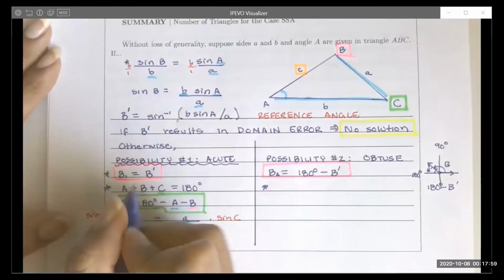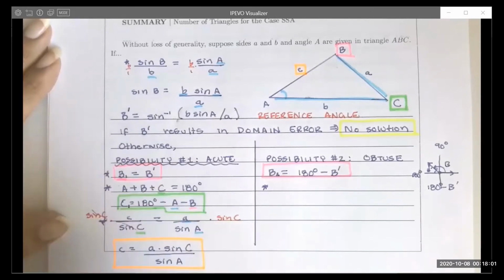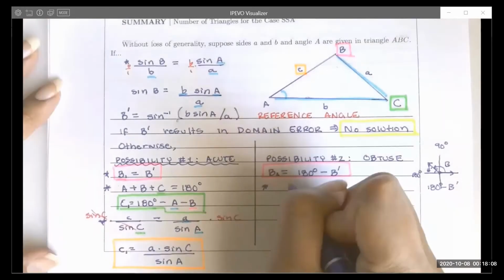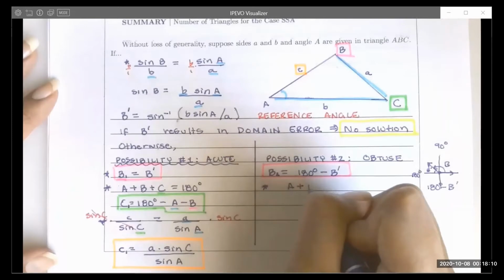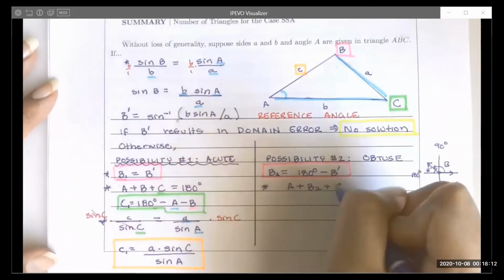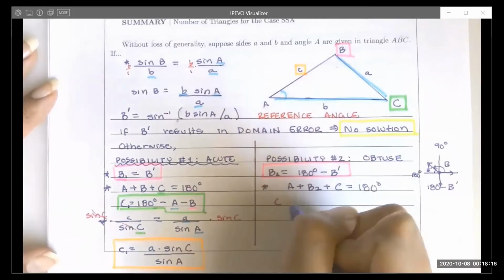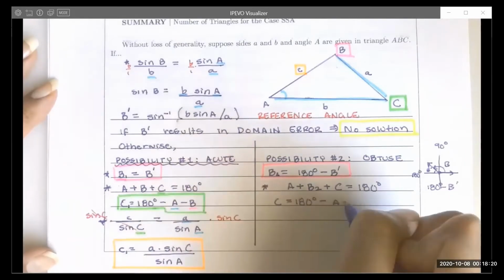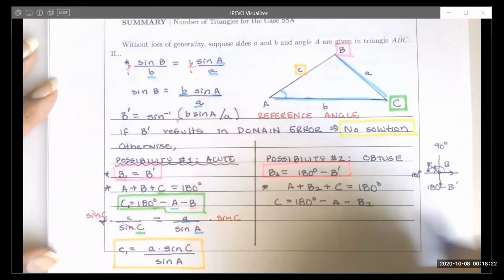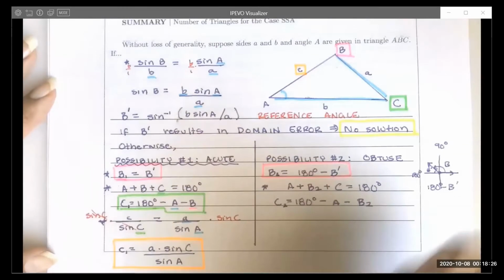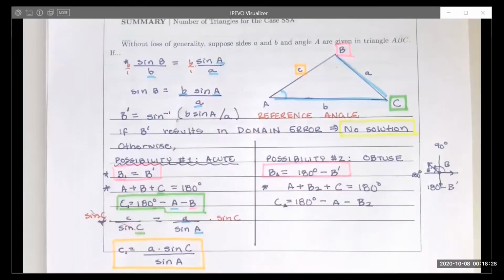Same thing for angles, I'm going to call that C1, and for sides, I'm going to call that little c1. Again, we can take A plus B2 plus angle C is going to be 180. So C is going to be 180 degrees minus A minus B2, and this is B2. That would give us the result for the second missing angle.